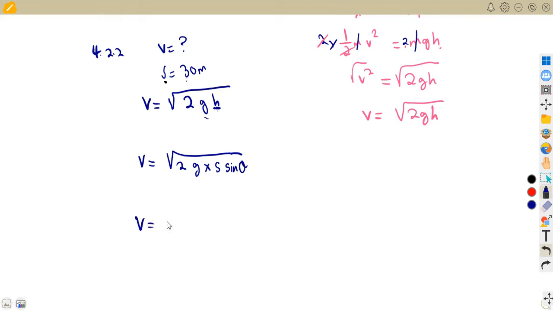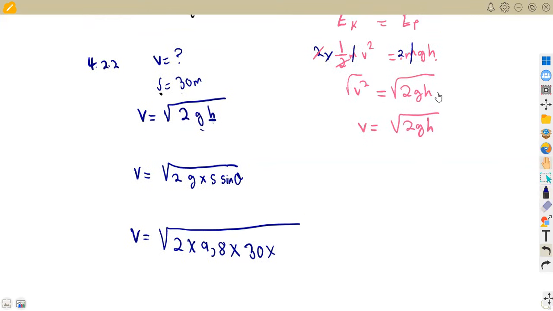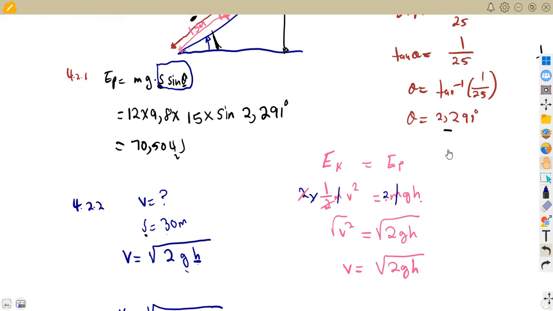Let's substitute here. We're going to have the square root of 2 times the gravitational acceleration of 9,8, the distance moved being 30 meters at that condition, times the sine of theta. Just like the previous part, we can get our sine of theta from the angle that we have, because already we've got our angle here, 2,291.